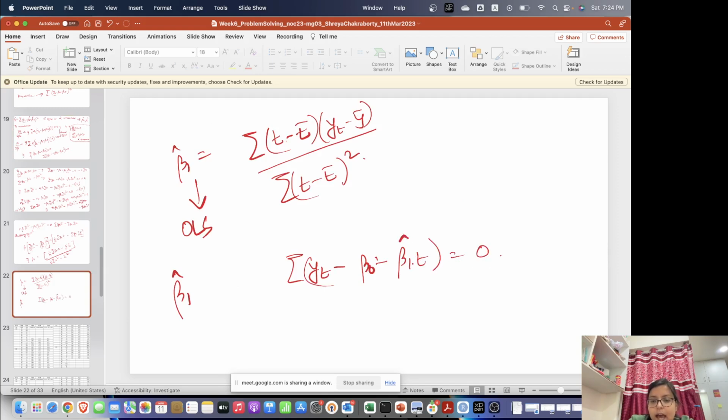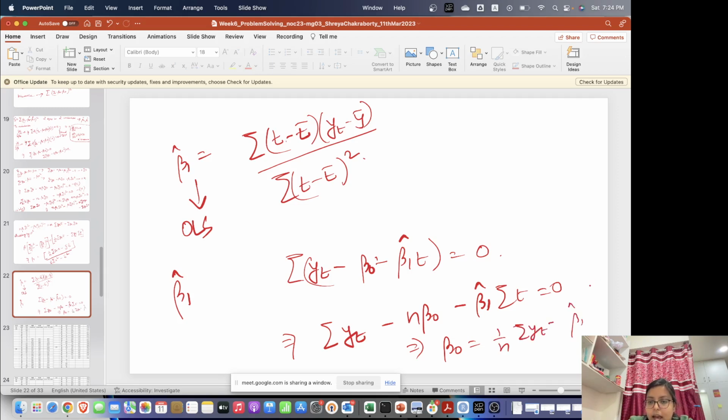So if we put beta hat over here, then what we are going to have is that summation y_t minus n beta naught minus beta 1 hat summation t equal to 0. So then beta naught would become 1 by n summation y_t minus beta 1 hat 1 by n summation t, which is nothing but y bar minus beta 1 hat t bar. So this will be the beta naught OLS, y bar minus beta 1 hat t bar.